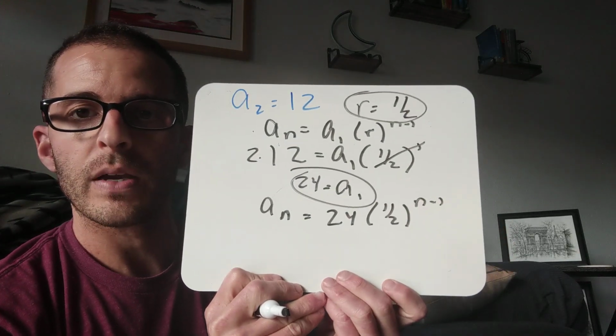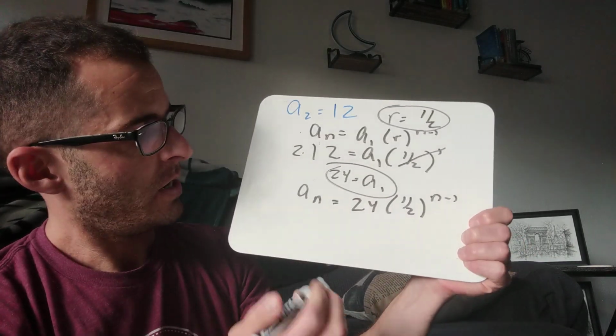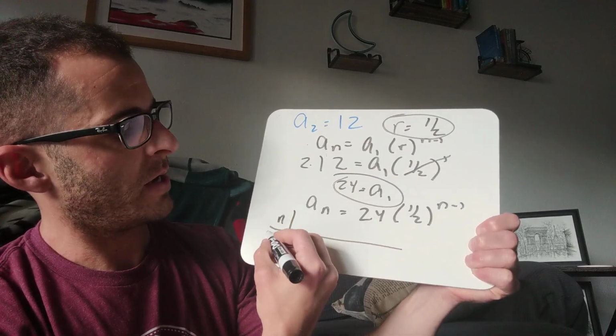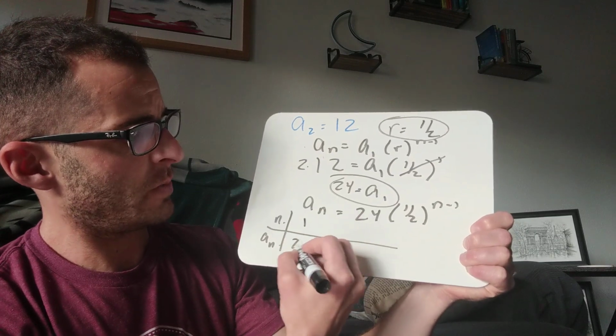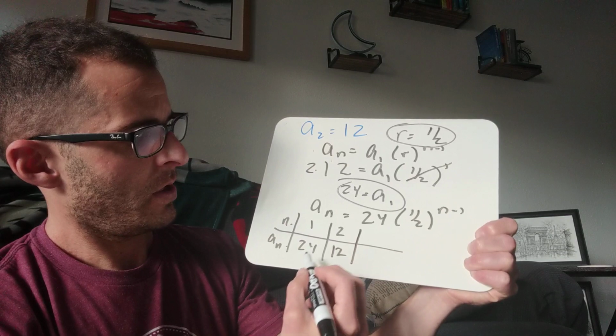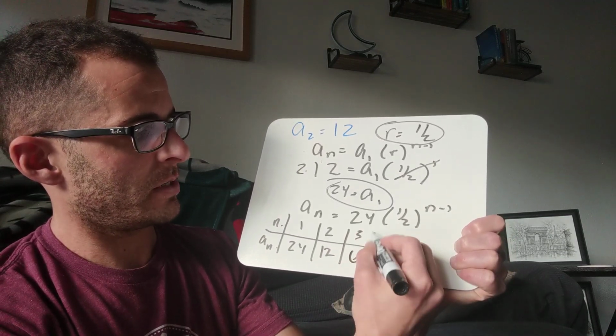Okay? I believe the directions still say that we need to graph the first 6 terms. To save some whiteboard space, I'm going to go ahead and make a sideways t-chart, n, a sub n. First term is 24. Second term is 12. Third term, well, 12 times 1/2 is going to be 6.